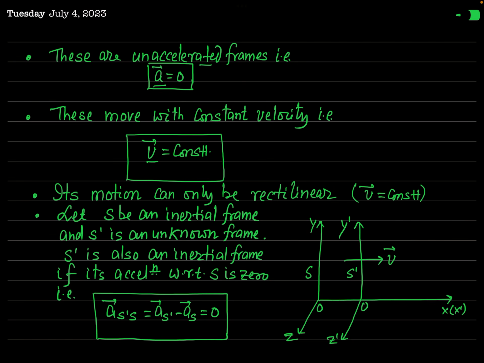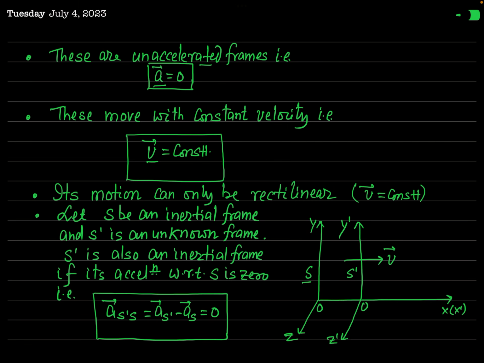Now, an inertial frame is not unique. You cannot say that in this universe there is only one frame which is inertial and no other frame is inertial. It is not a fact. Actually, if you know an inertial frame, then you can easily find whether other frames are inertial or not. For this, let us consider that this unprimed frame S is an inertial frame.